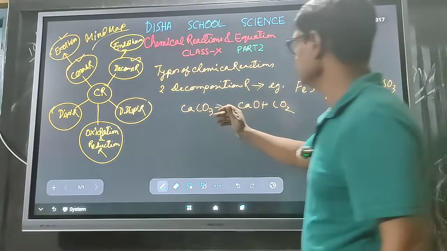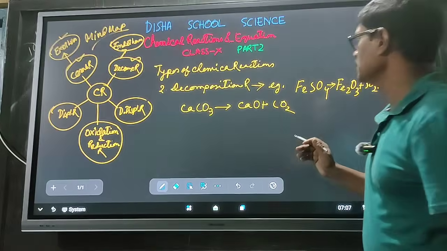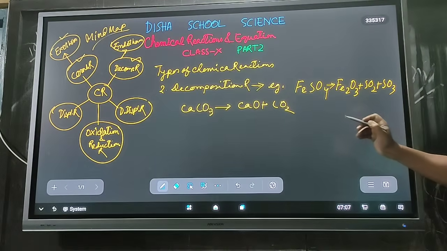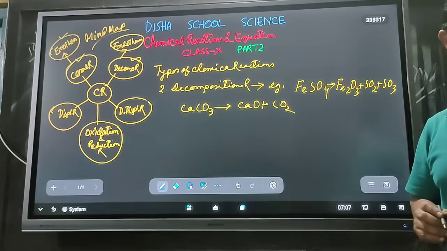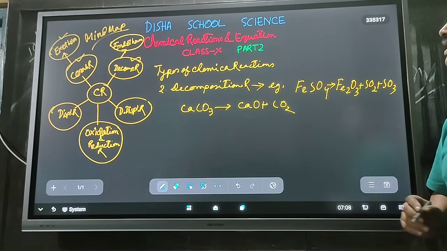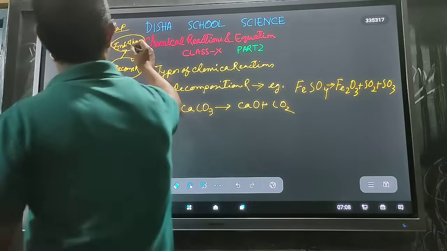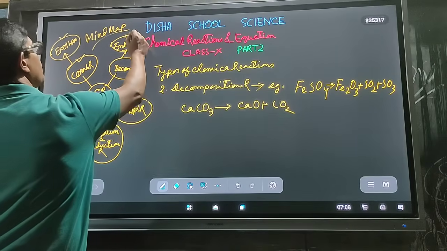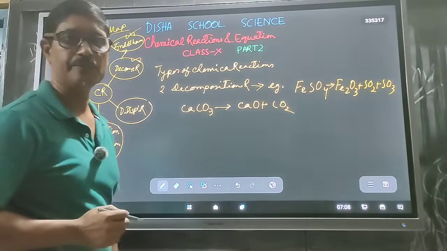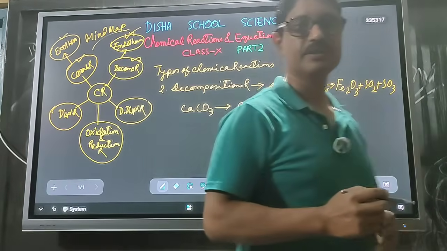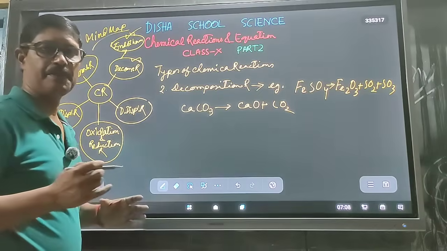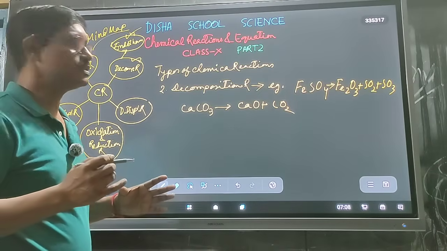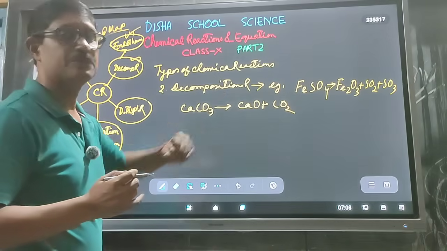But one important thing regarding decomposition reaction: in these reactions, heat is absorbed. That is why this is called endothermic reaction. Thermic means temperature, absorbed.